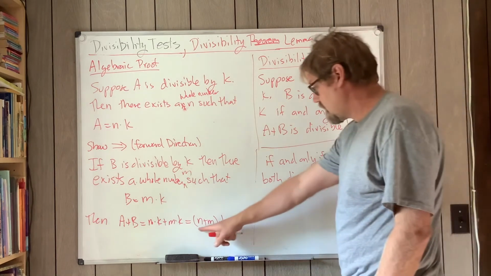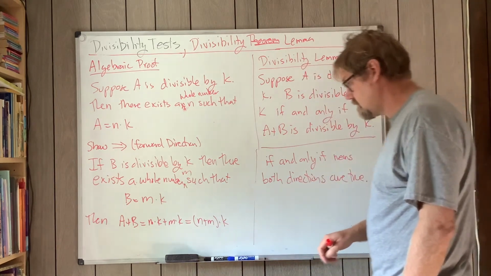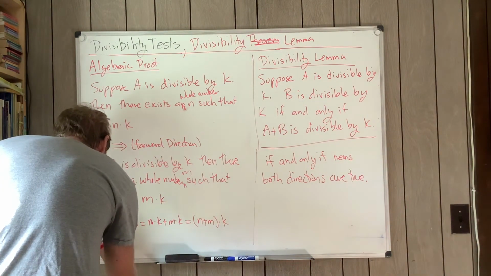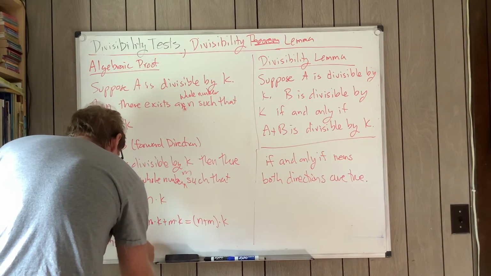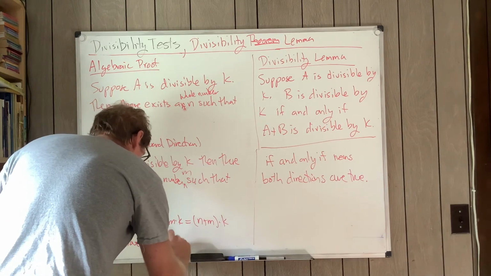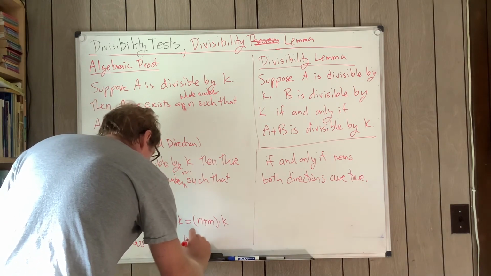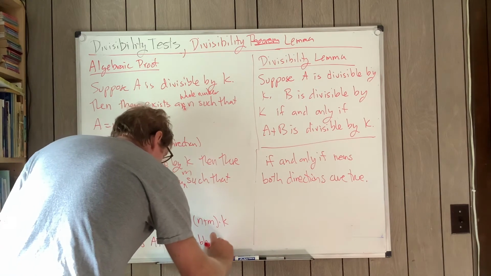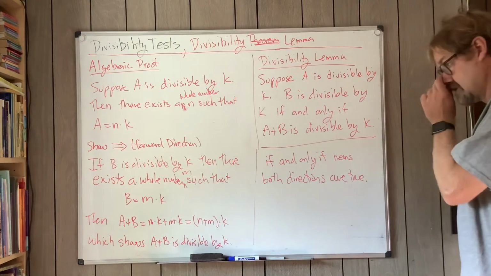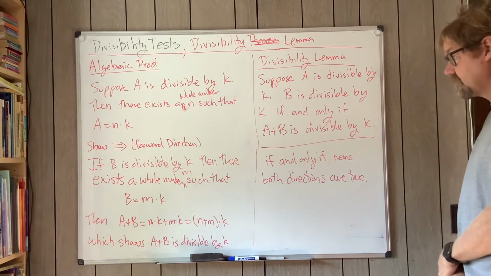But it shows it's a whole number times K, which shows A plus B is divisible by K. All right. Good.